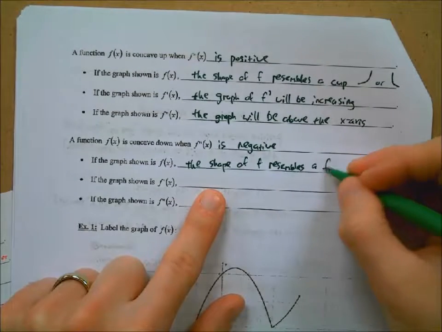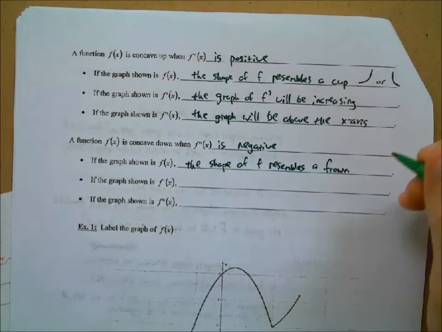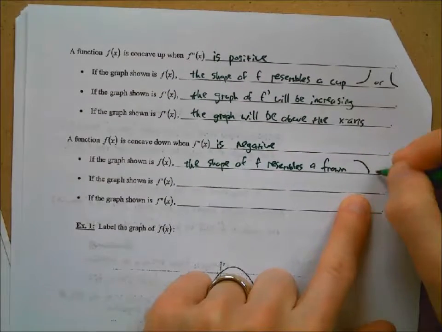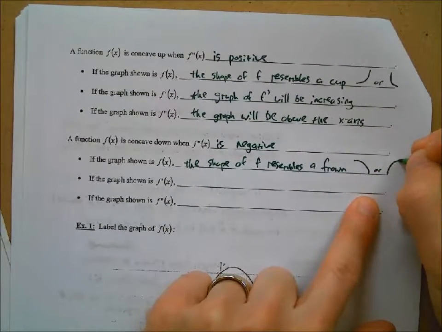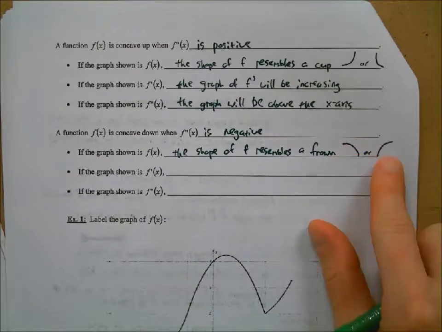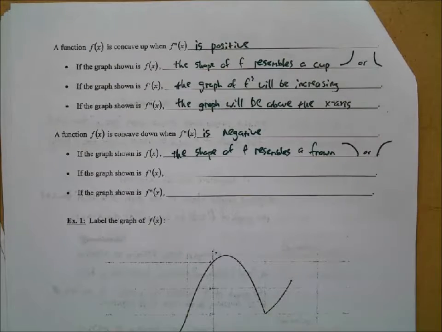Okay, or maybe your brain is frowning right now. Okay, and again, you can have concave down decreasing, or you can have concave down increasing too, right? Either one is possible there, and that's what they look like.